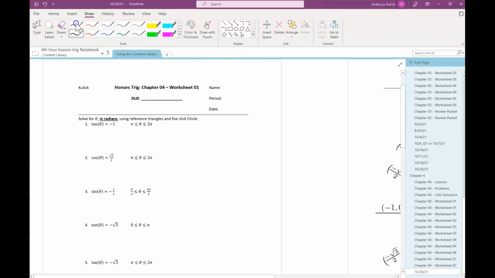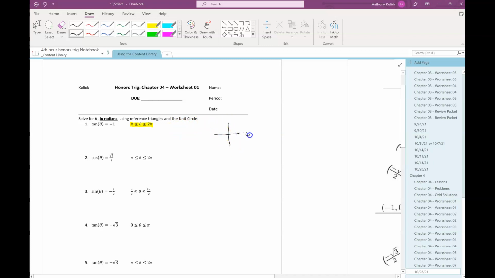So here it says we're going to be using the unit circle to do this. I'm going to start first by figuring out what quadrant I need to be looking in for my answer. We're told that our answer needs to be between pi and 2 pi.